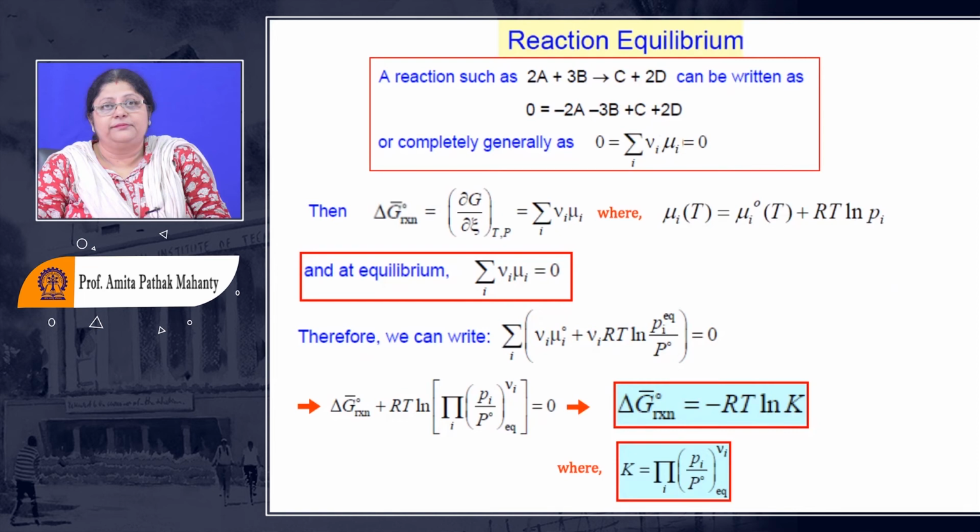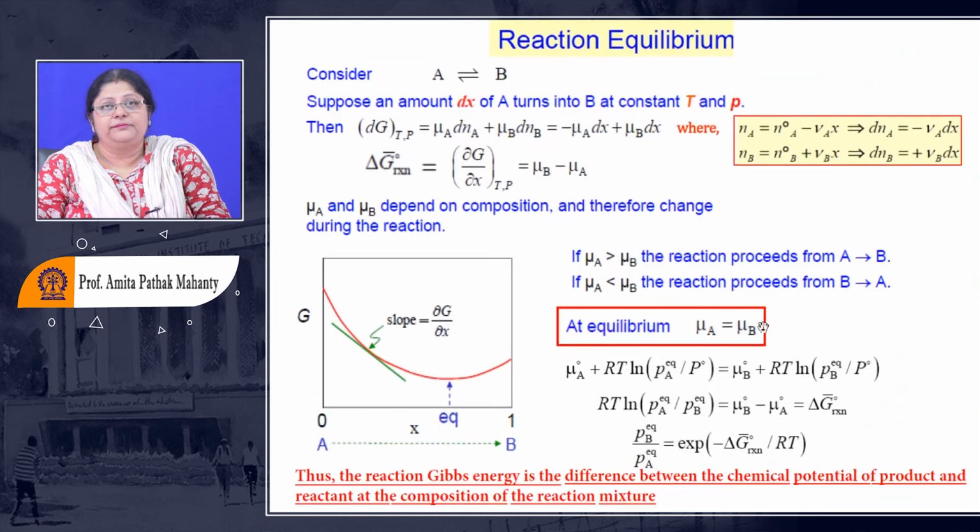Now what happens if you look into this? This is equal to 0. But what have we got from before? The standard value of the chemical potential of B minus A is the chemical reaction Gibbs energy at standard state.